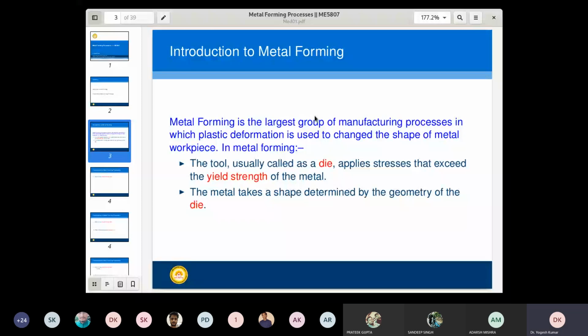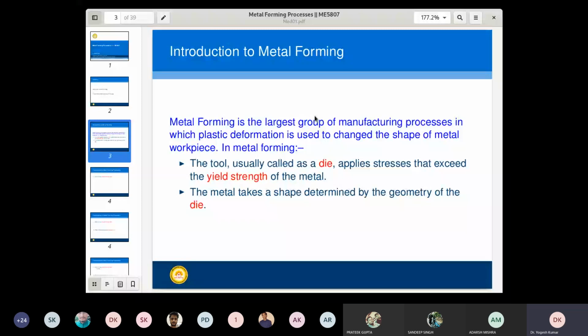So under mechanical working or metal forming processes, what we actually do is that the raw material is converted to a given shape and size by the application of external forces. The metal is subjected to stress.